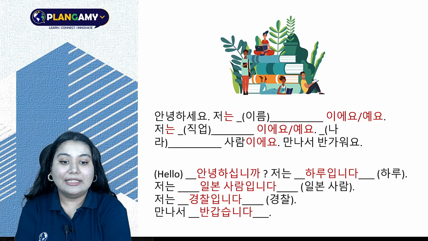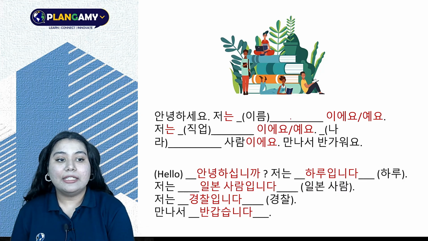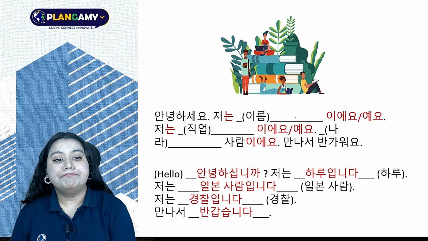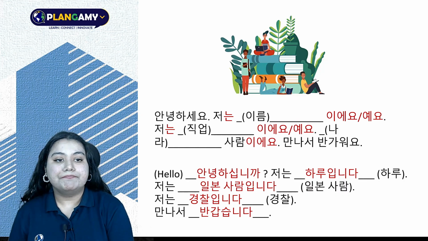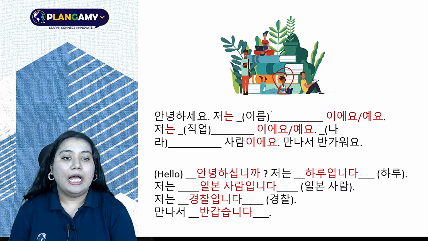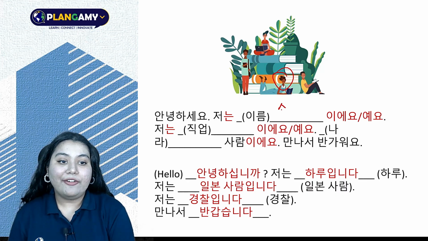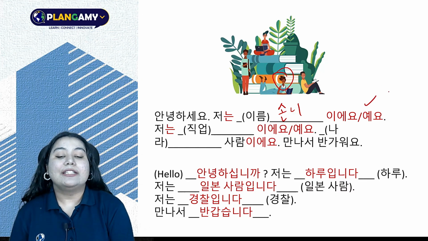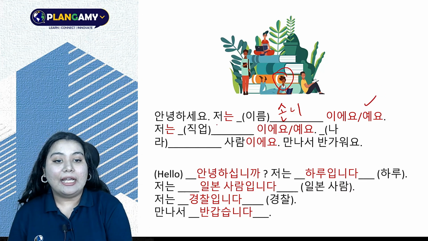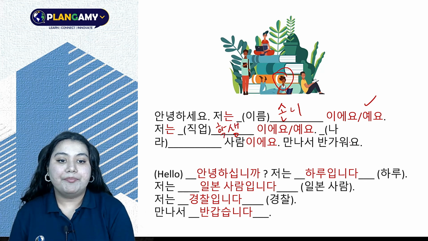안녕하세요. 저는 something something이에요. Right? The same thing that we did for 쓰기. Let's try for writing. 저는, let's write 이름. Let's pick this person, 소니아. 저는 소니아예요. 저는 학생이에요. 나라, 어느 나라 사람?